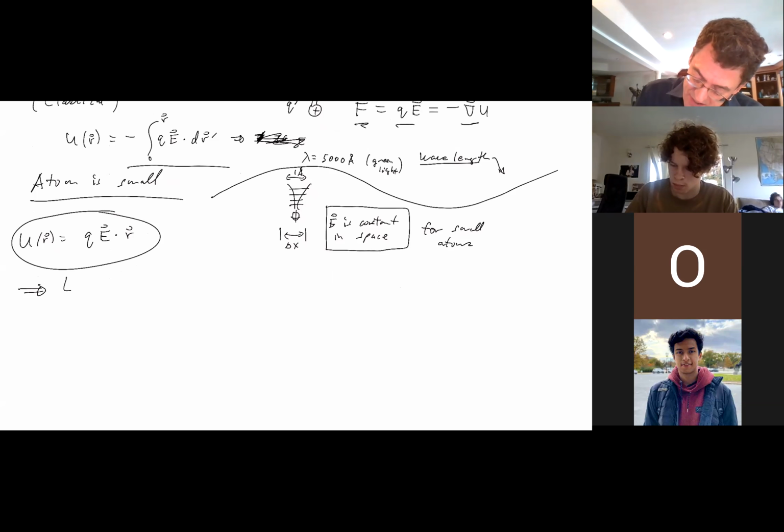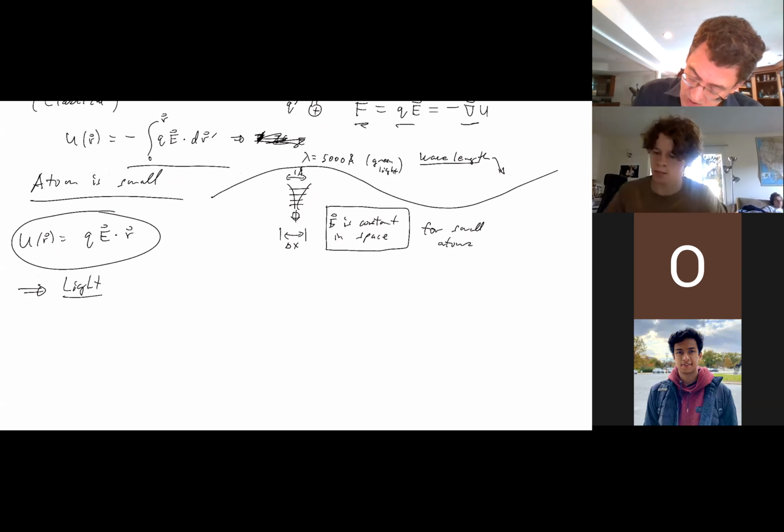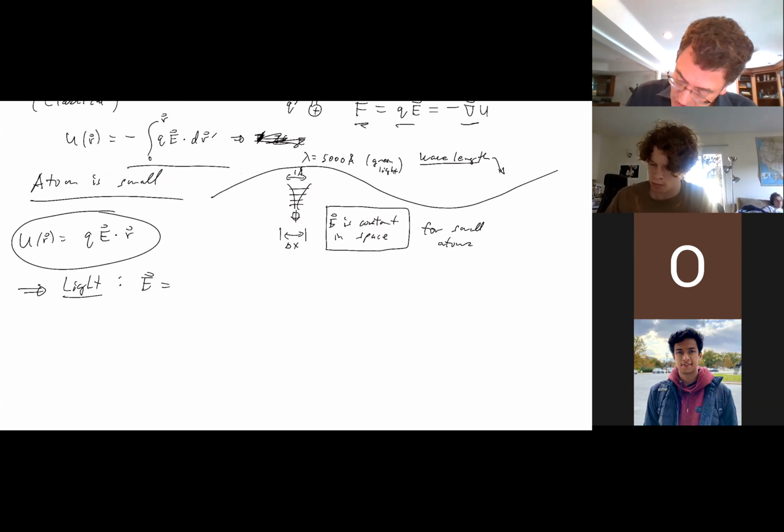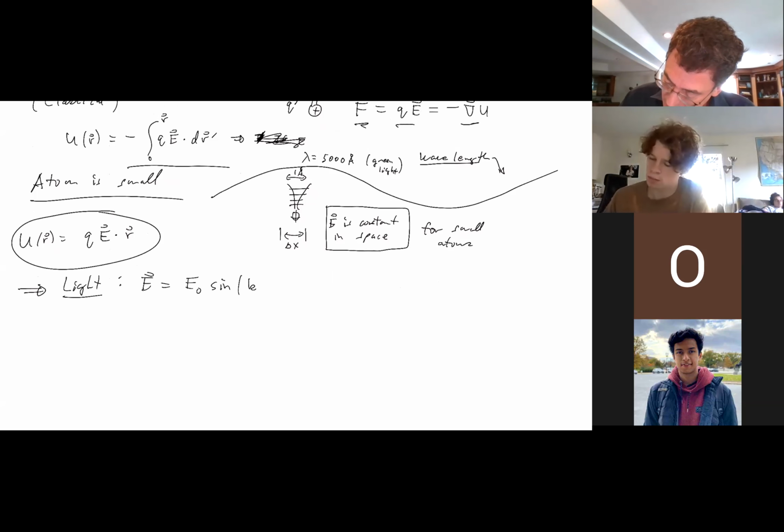And so then for light, we have that the electric field is equal to some E naught, and for a real electromagnetic wave, it looks like this: sine of k dot r minus omega t.